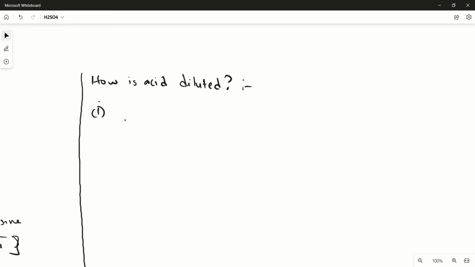For dilution of concentrated sulfuric acid, and in fact all acids, the acid is added to the water, and not the water to the acid, even though in both cases it's an exothermic reaction. If water is added to the acid, there's a sudden increase in temperature, and the acid, being in bulk, tends to spurt out.